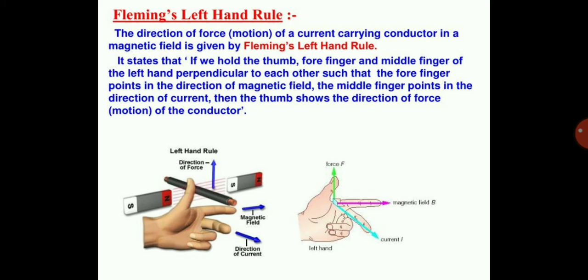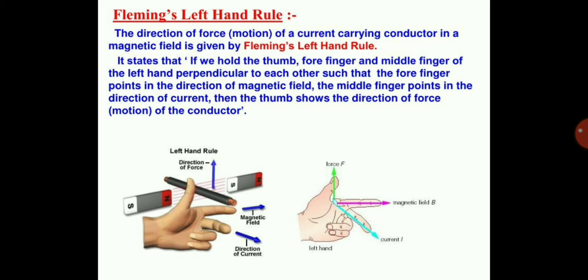If you want to know the force of that magnetic field, or in which direction the force is acting, then you have to use Fleming's left hand rule.